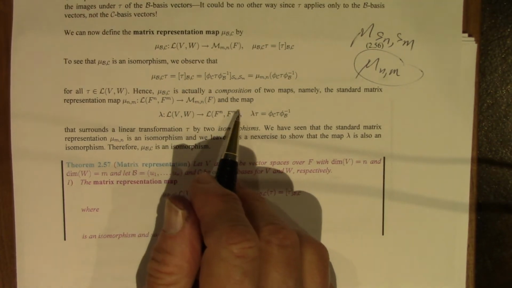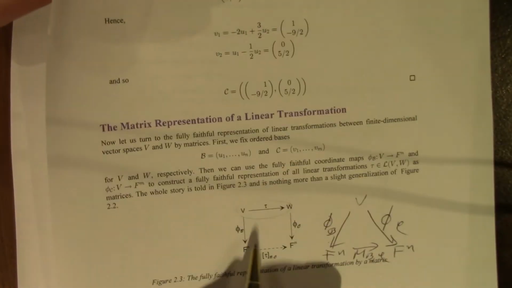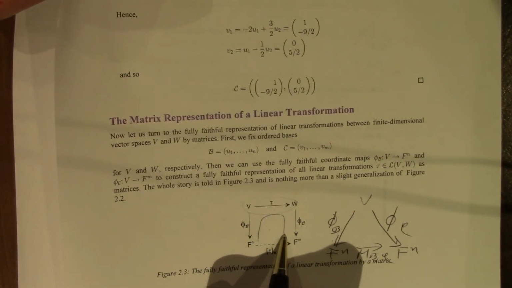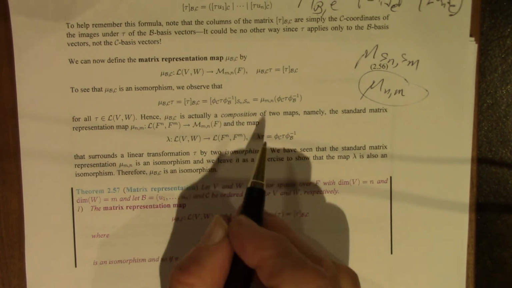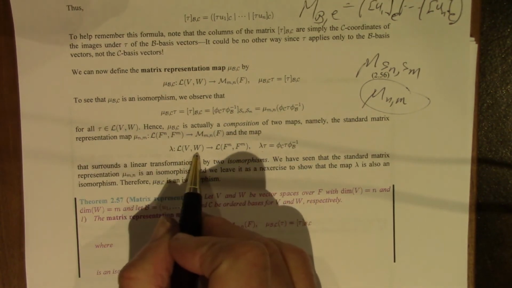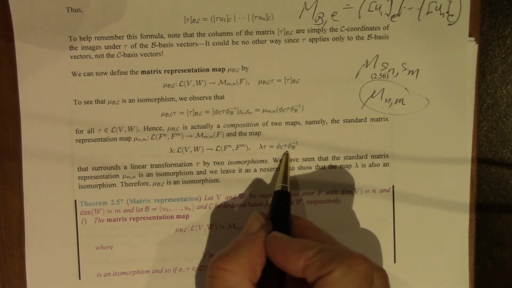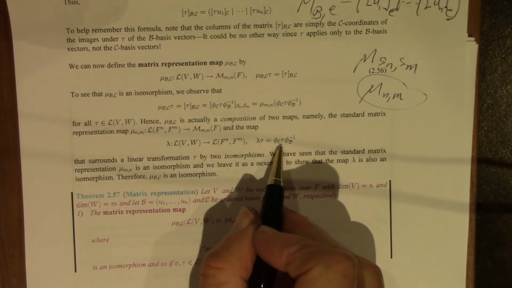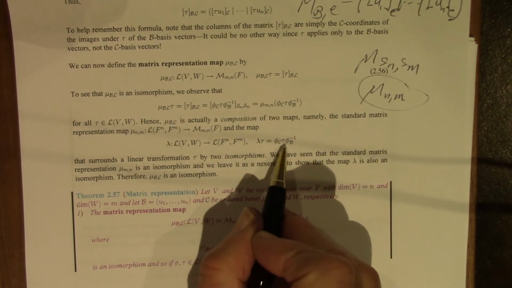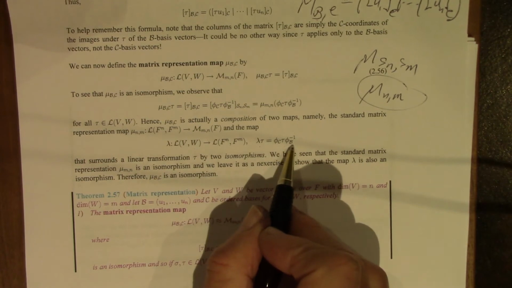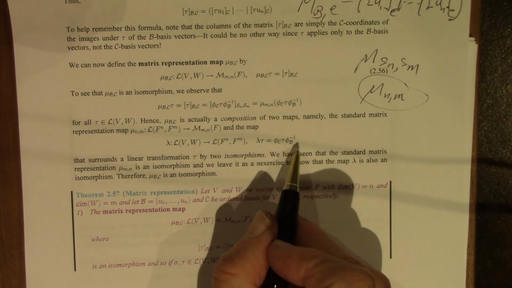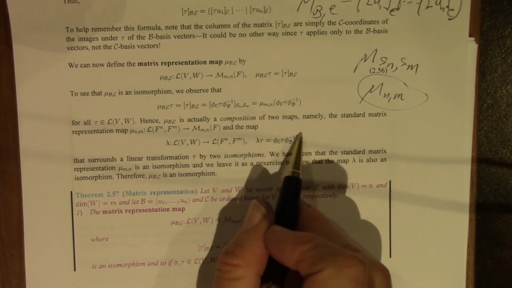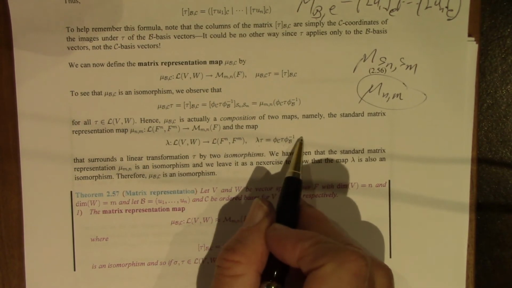And that's exactly what this map does if we go around here. So lambda of a linear map tau from V to W is this linear map from Fn to Fm. Tau gets surrounded by these coordinate maps. This one is phi sub B inverse, the inverse of the coordinate map.